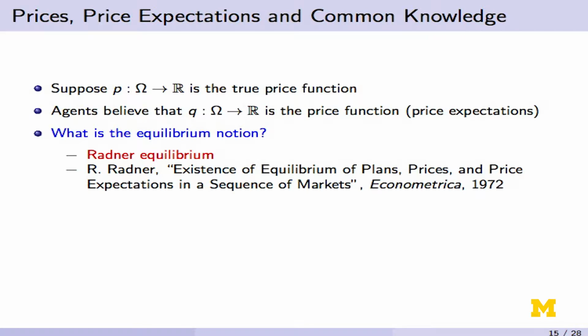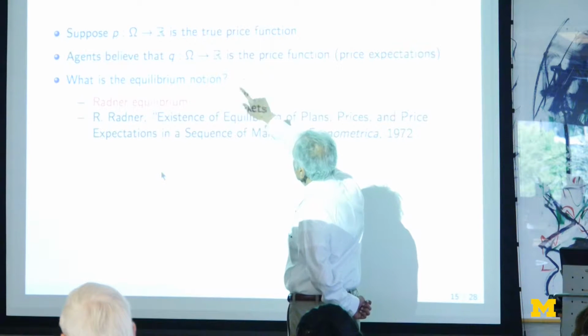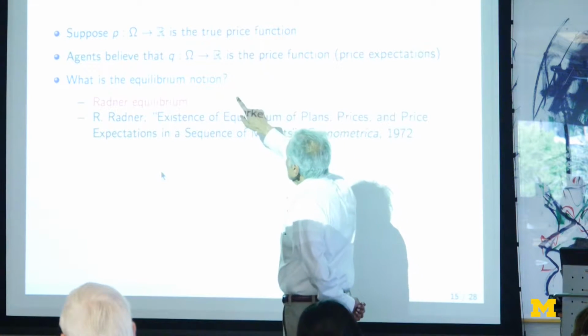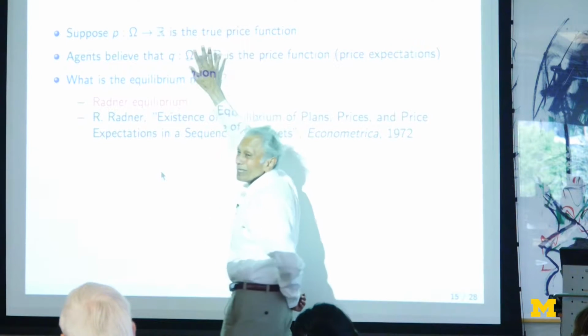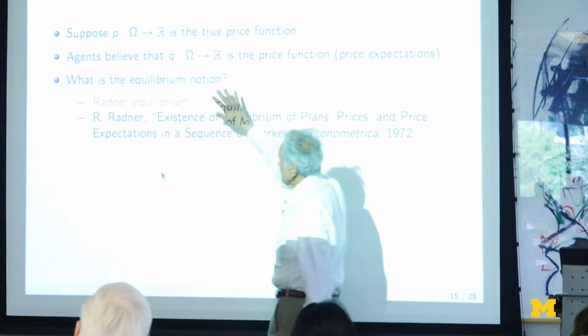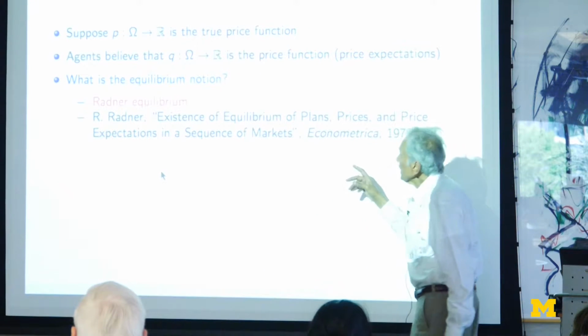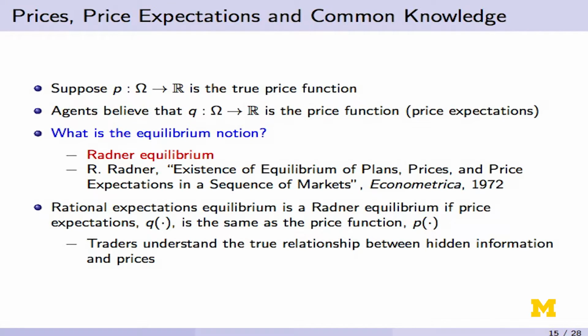Now, there's another notion, which is the rational price expectation. This is the notion coming from Radner. So suppose P is the true price function, whatever true means for the moment. But agents believe that the price function is something else, maybe Q. So what is the equilibrium notion? Radner says the equilibrium notion is when agents' beliefs about the price, their expectations, are the same as the true price function.